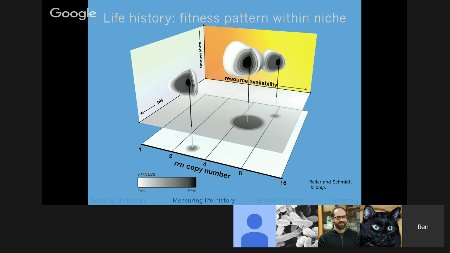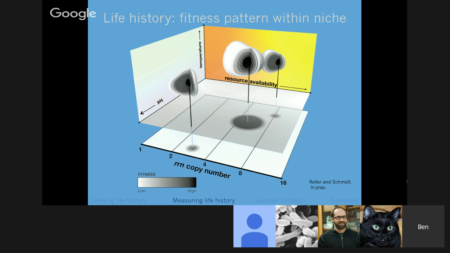Specifically, the rRNA copy number of an organism might lie parallel to its place on the resource availability spectrum. Oligotrophic organisms are more fit under low resource concentrations and have low copy number, whereas the copiotrophic organisms that are more fit under high resource conditions tend to have more copies of these ribosomal RNA genes.